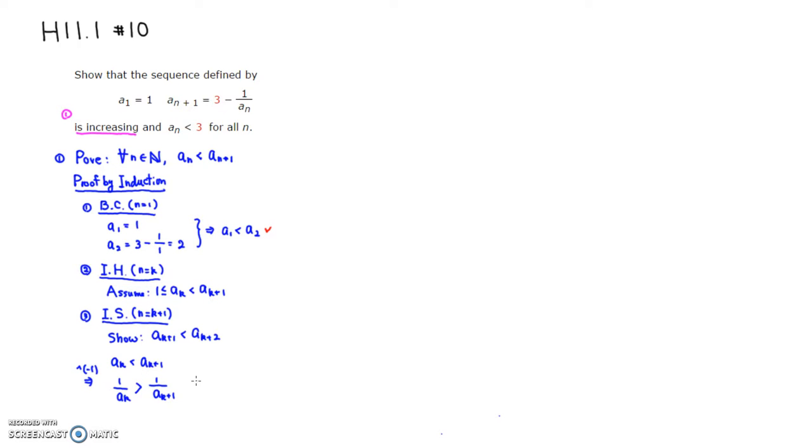Then I'm going to multiply by negative 1 to get negative 1 over a_k and negative 1 over a_(k+1). Again, we multiply by a negative number, so we have to change the direction of the inequality once again. Then we add 3 to both sides.